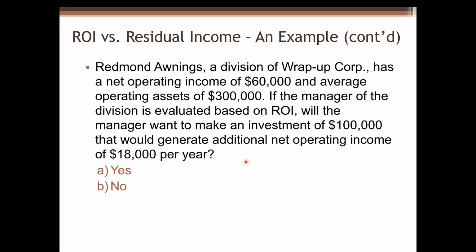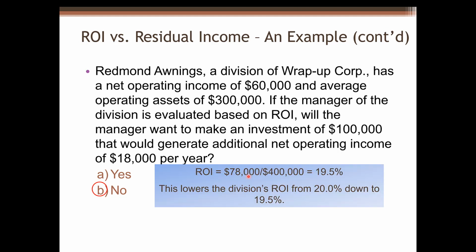We need to calculate the new ROI and can make the decision. Following the formula to calculate the ROI, net operating income divided by average operating assets. Net operating income increased by $18,000, from $60,000 to $78,000.